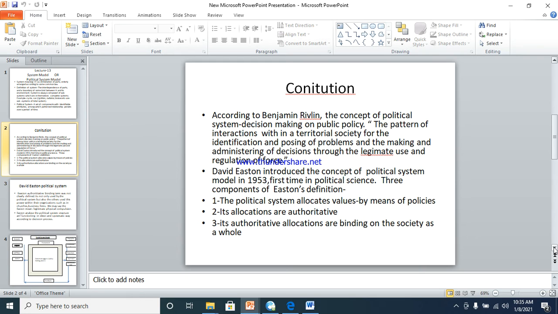The second component is that its allocations are authoritative. The third component of David Easton's definition is that its authoritative allocations are binding on the society as a whole.